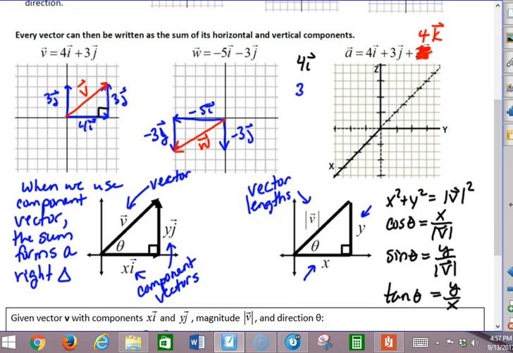Here's my vector that's in the y direction, and here's my vector that is in the z direction. Now, when I have a three-dimensional vector, I have to picture that x and y are flat on this plane, and vector x is actually sticking out from the paper. So I'm going to show you what that looks like.